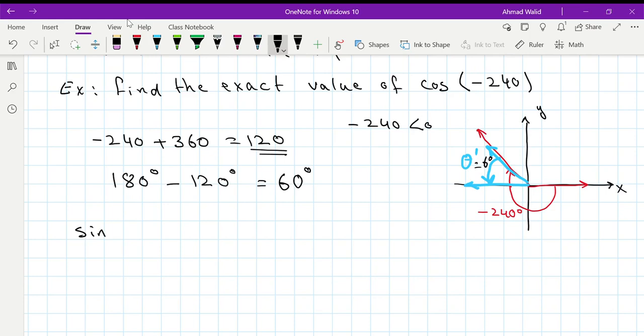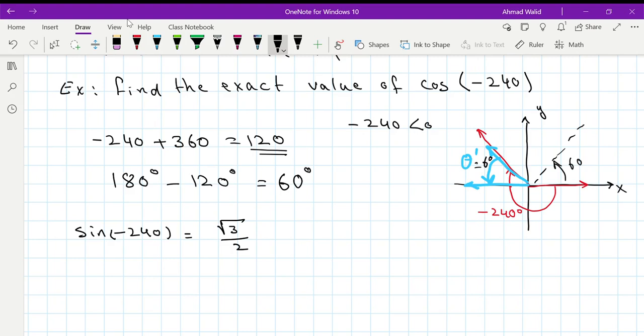Sine of negative 240 equals sine of 60, which is radical 3 over 2. But look, 60 actually is in quadrant 1 somewhere. Here's 60. But now your 60 is in quadrant 2 because it's a reference angle.